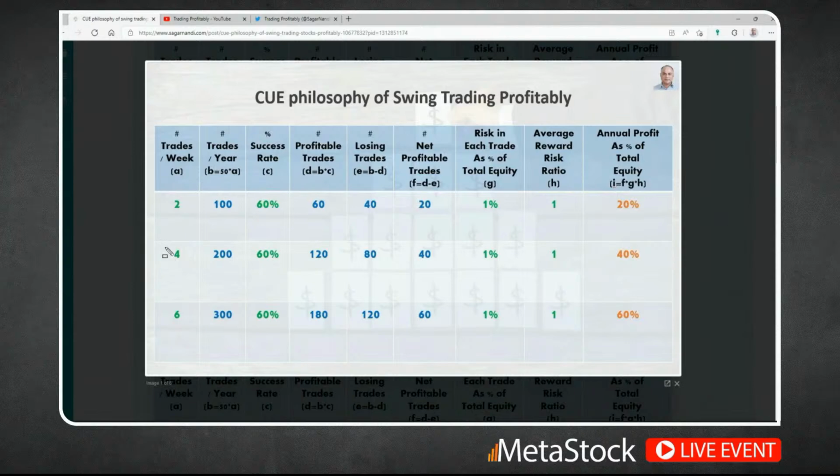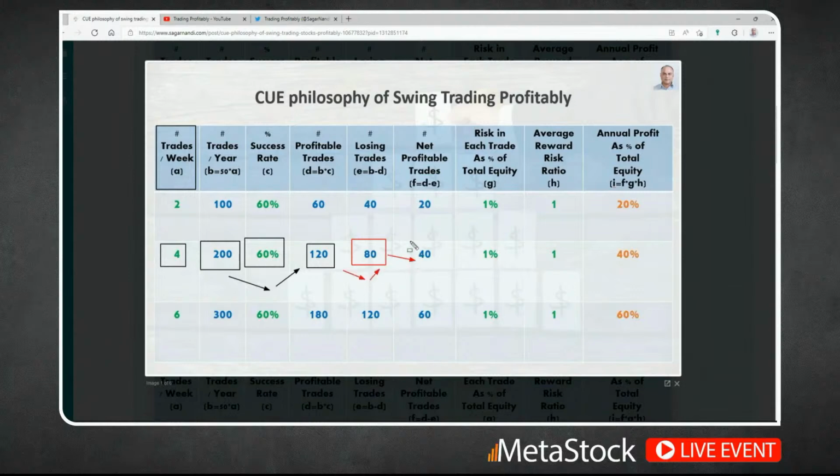Let's say I am taking 4 trades in a week. Then in a year, I'll take 200 trades. If my success rate is 60%, then out of 200 trades, 120 trades will be profitable, 80 trades will be loss making. Therefore, net, I'll have 40 profitable trades.